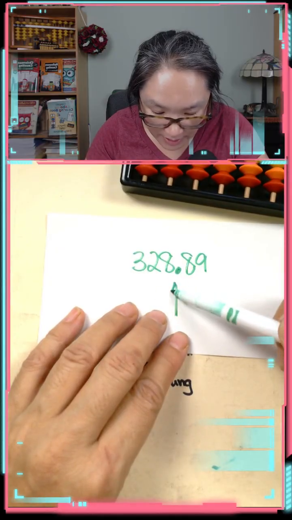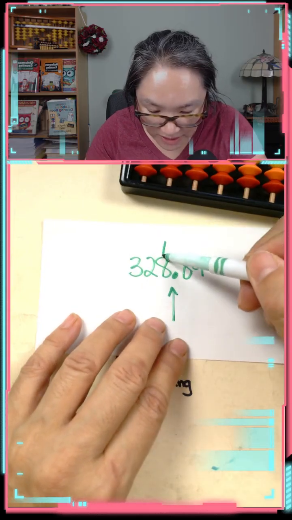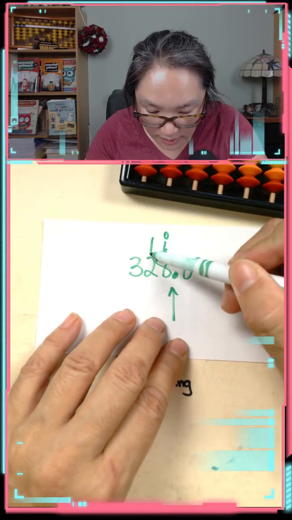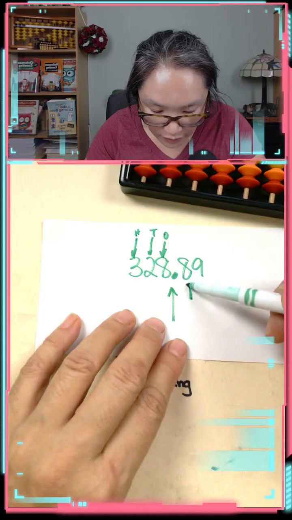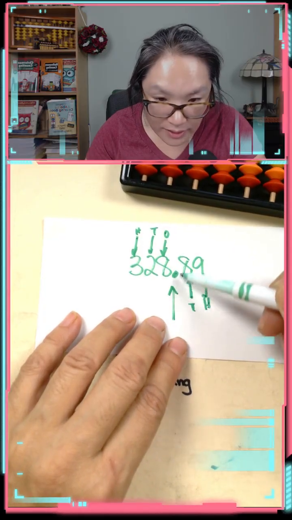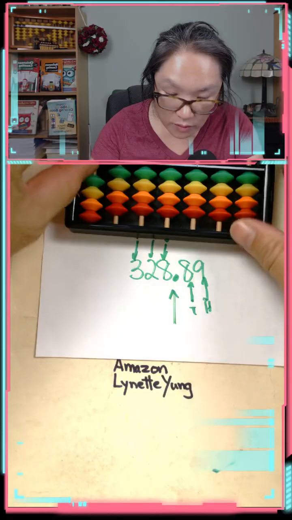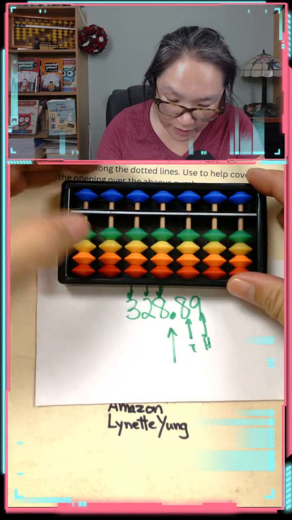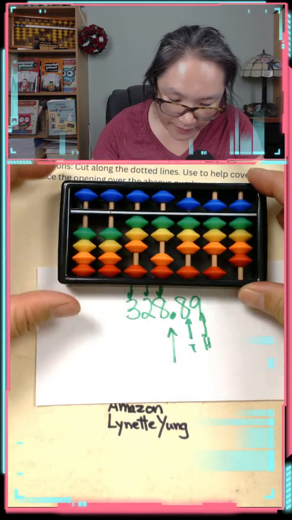This does not take a placeholder. This is not a place value. The only place values you have are ones, tens, hundreds, then you have your tenths and your hundredths. This dot does not take a placeholder. So when I represent it, it would be 3, 2, 8, 8, 9. That's what that would look like.